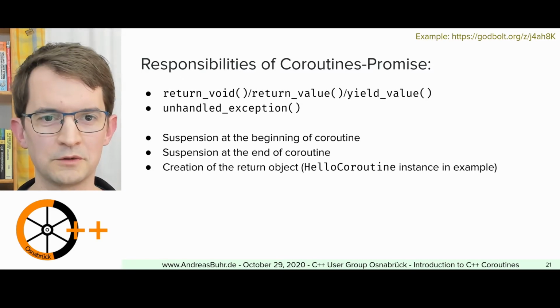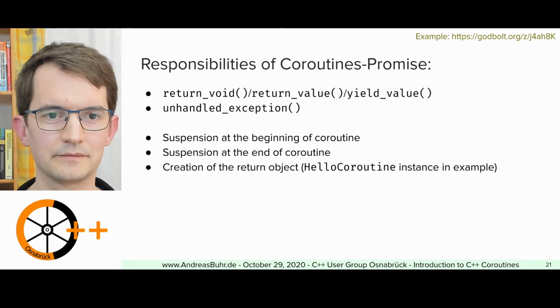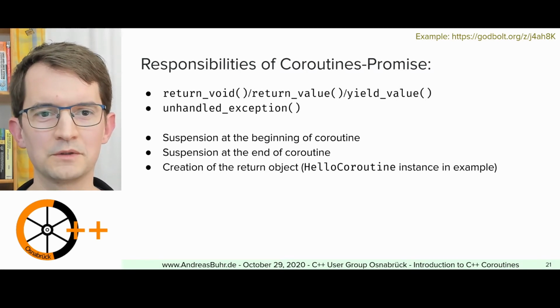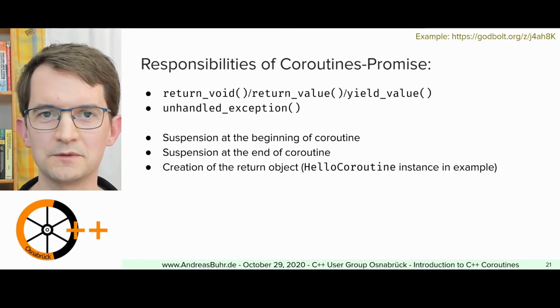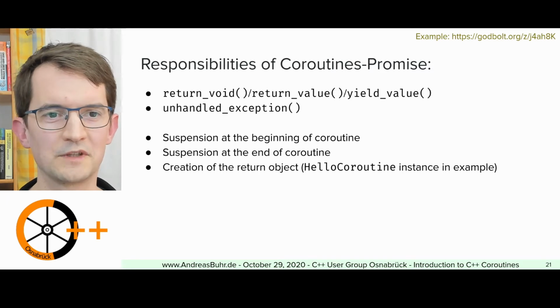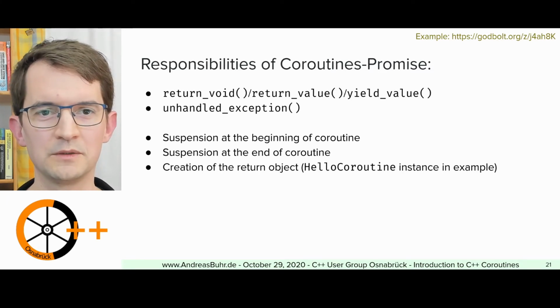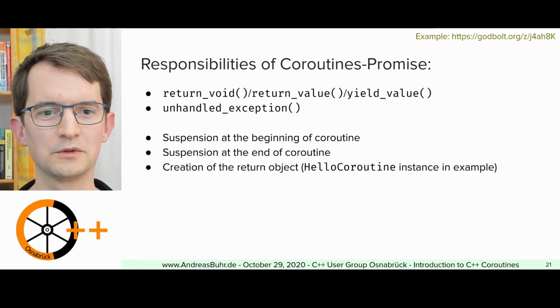So the return object, not the one which is co_returned, but the return type of the coroutine. Something has to be returned before the coroutine ends. So this has to come from somewhere, and it is the coroutine promise object which is responsible for creating this return object.